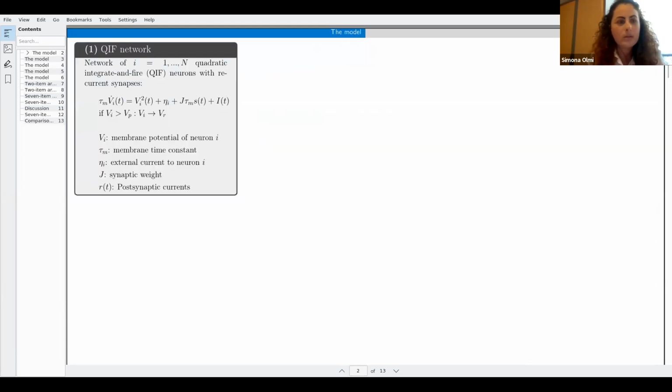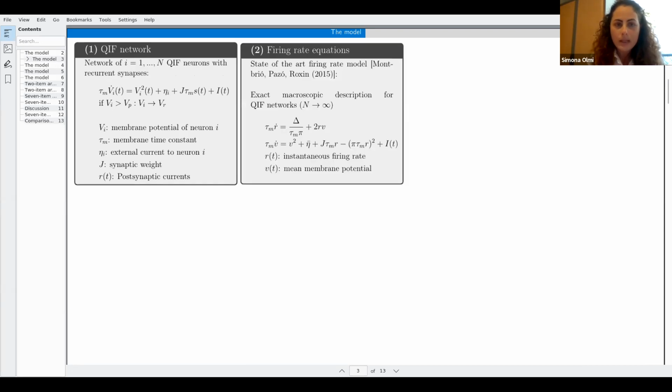So let's go on. The microscopic dynamics, so the neuronal dynamics, is described by a network of quadratic integrate-and-fire neurons. For this kind of network, in 2015, Montbrió, Pazó, and Roxin developed an exact macroscopic description, an exact neural mass model that takes into account the evolution of the instantaneous firing rate of the network and the mean membrane potential.